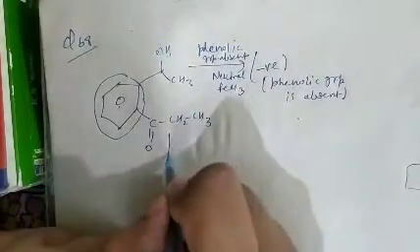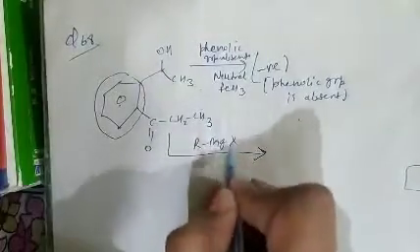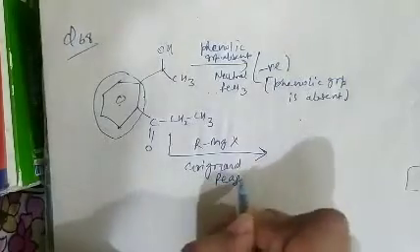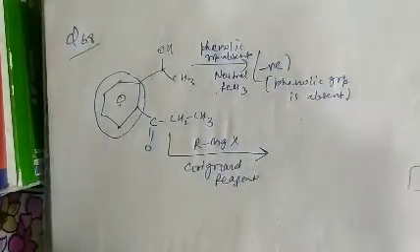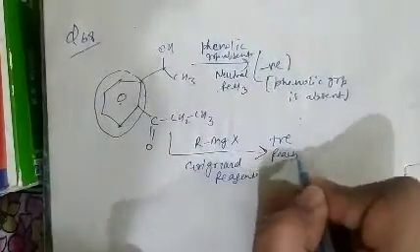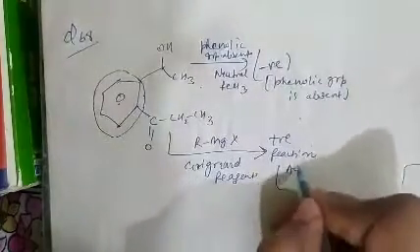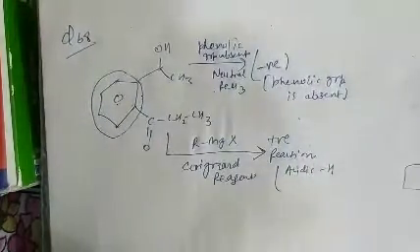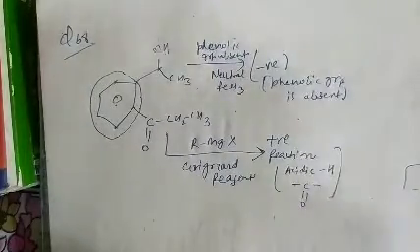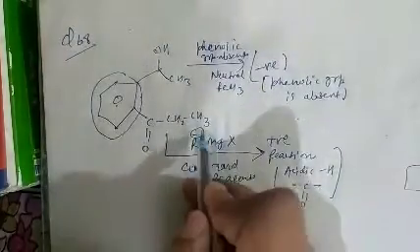Now, when it reacts with Grignard reagent, that is RMgX, as we can see, it gives a positive reaction. Why does it give a positive reaction? Because there is acidic hydrogen as well as a ketonic group. So Grignard reagent R minus will attack the carbonyl group.